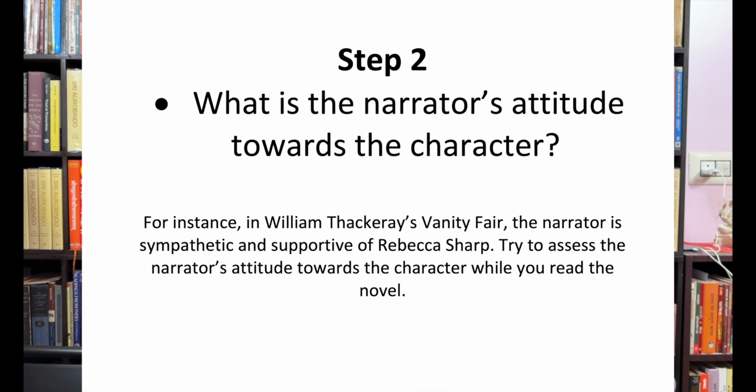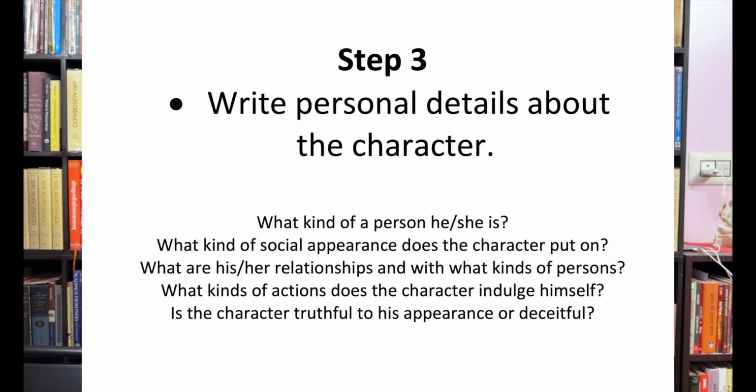After that, you can put the character's personal details, how he or she appears in the society, how he or she takes care of the relationships, how he or she indulges with other people. Is he a deceitful character? Is he a good-natured character? Is he a character with many schemes, or is he a character who is himself fooled by the circumstances and people around him?